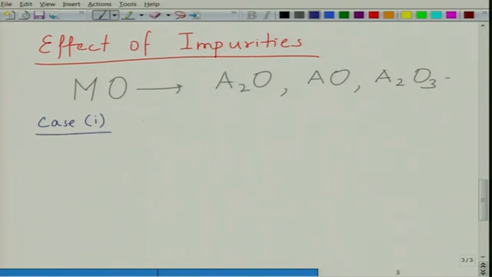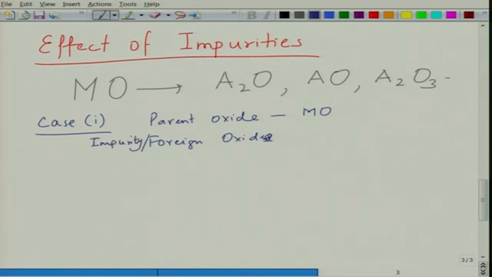in which the parent oxide is MO and foreign oxide, or you can say impurity oxide, is A2O3. Okay. So, what are the possible scenarios? You can have various possible scenarios.